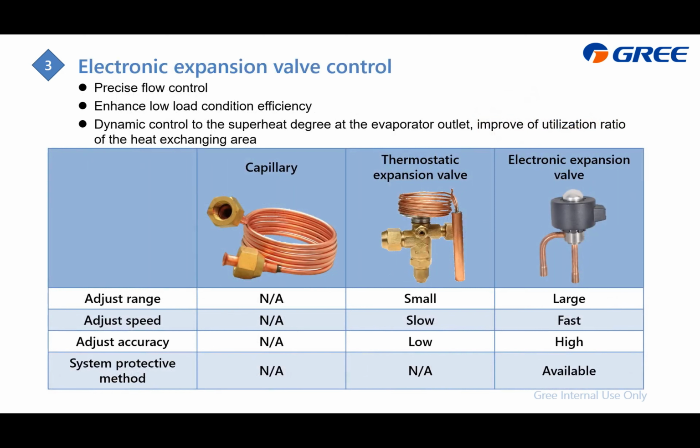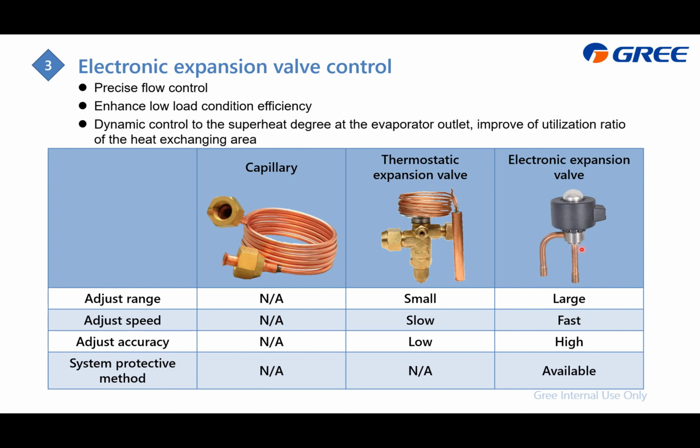For the metering device, we adopt the EXV, short for electronic expansion valve. In this table, I compare the adjust range, adjust speed, adjust accuracy, and system protective method with the capillary and the thermostatic expansion valve.